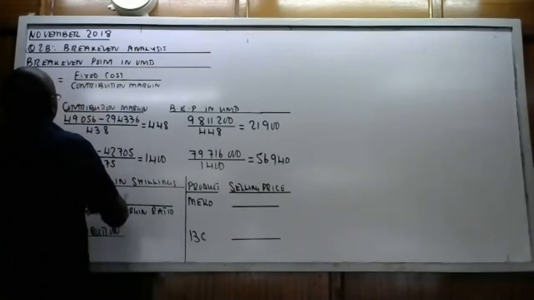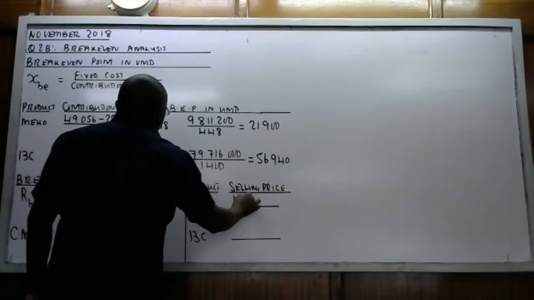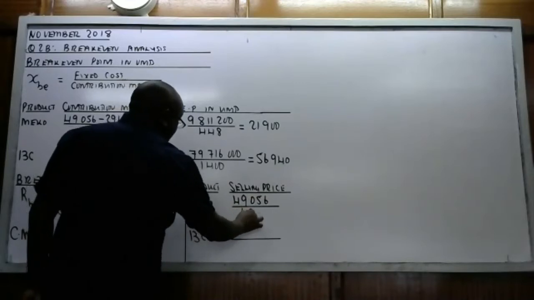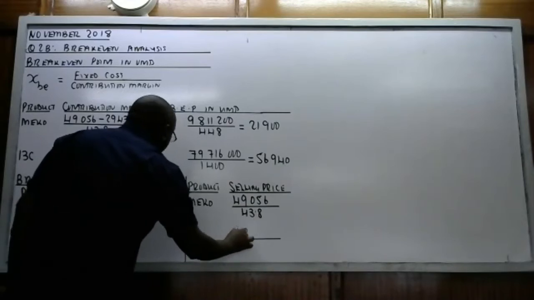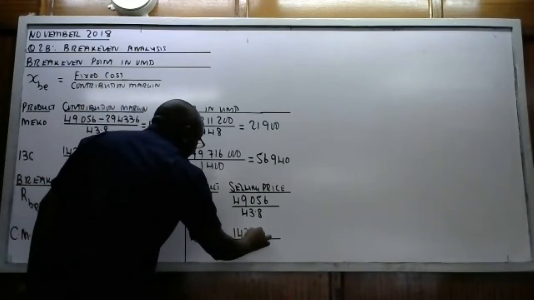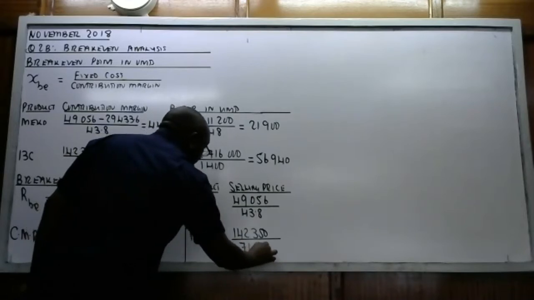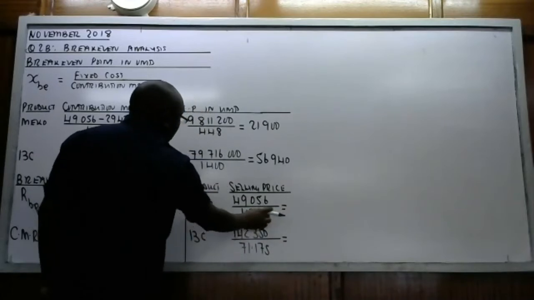For MECO, we know the revenue is 49,056. So you divide by 43.8. Now the other one, 142,350 divide by 71.175. So now give me the selling price for MECO.